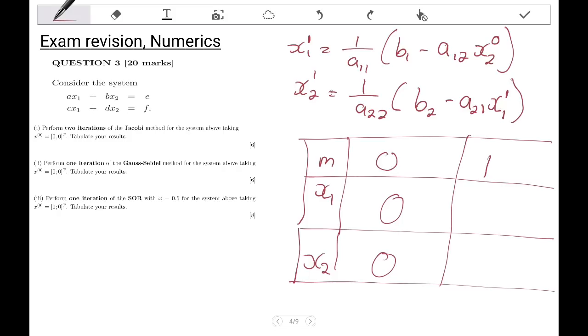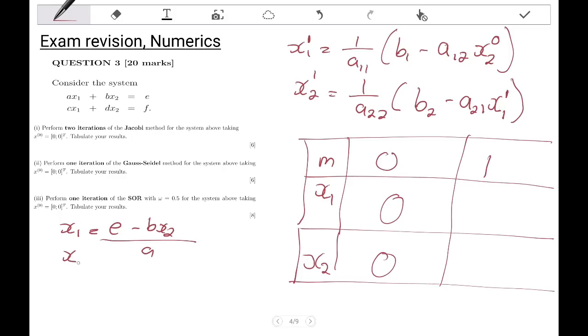Then we're going to make x1 the subject of the formula, and then x2 the subject of the formula, as we did previously. So x1 is equal to e minus bx2 all divided by a.